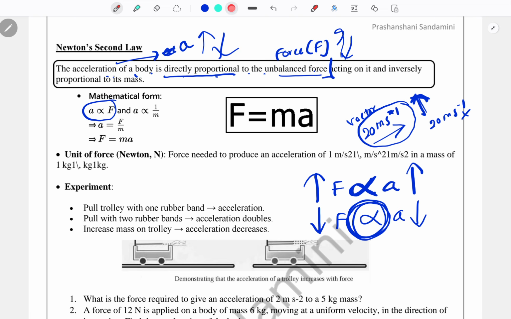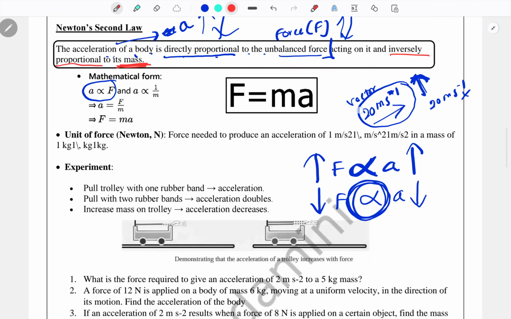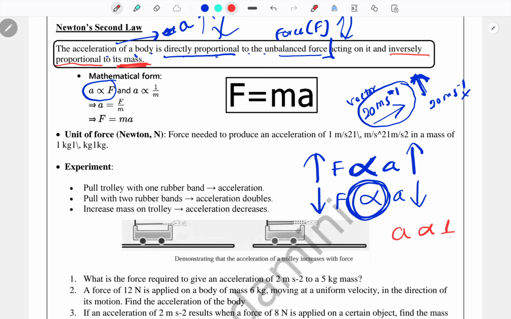And the next part of the statement, inversely proportional to its mass. That means the acceleration is inversely proportional, the inverse of the mass. Mass is the letter m, right? If you increase the acceleration, what happens to the mass? Mass is decreasing.